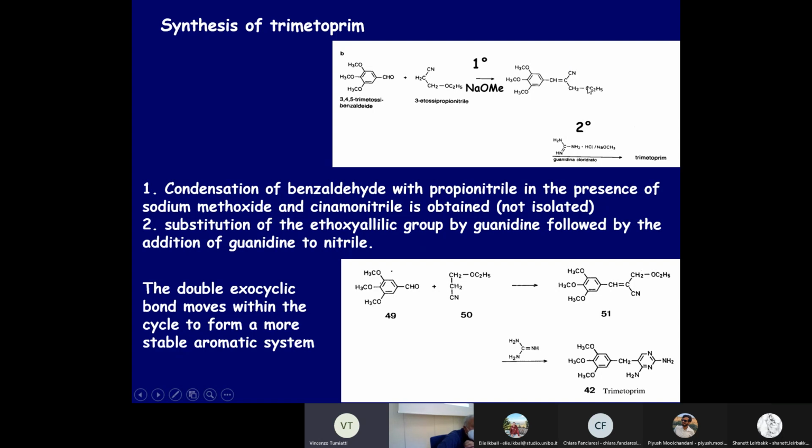You see here, we have this part of the molecule of this intermediate. We have an ethoxy group, OC2H5, which is a good leaving group. And we also have a nitrile.